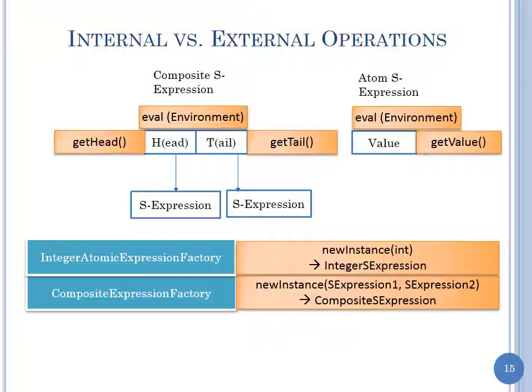So you're saying that an atom can be passed as an argument to a function that is an S expression, composite S expression, a list S expression, right? So you're saying that, but then I can do that in Java, right? I can pass primitives as arguments to methods on objects.